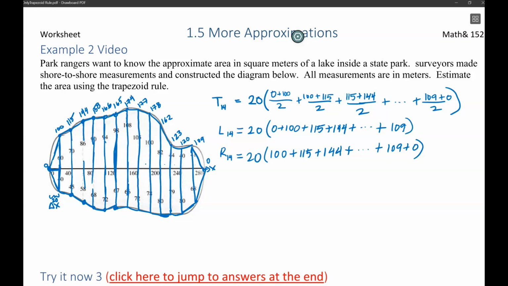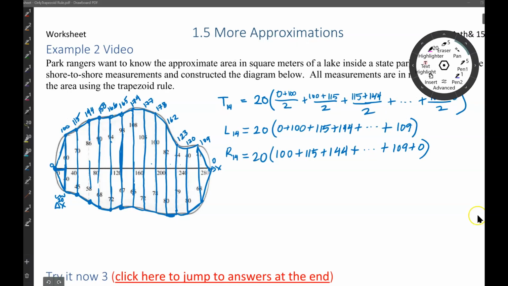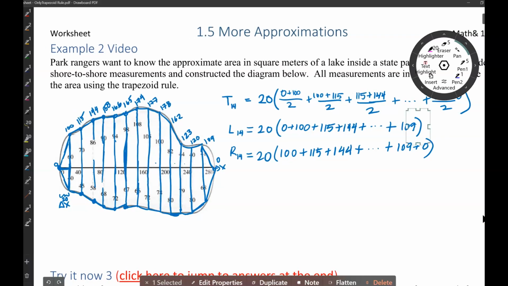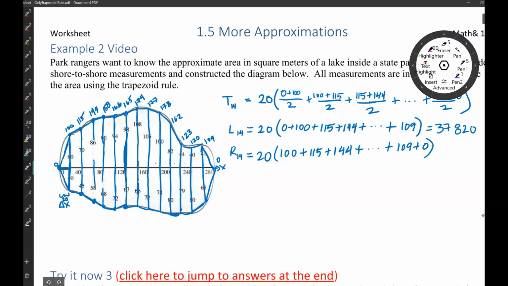So hold on, I'm going to go calculate. I'm going to pause. You can crunch it too so you can double check my calculator work. All right, through the magic of technology, you get instant calculation. So I got, oops, except my pen isn't working now. 37,820. And that's actually going to be exactly the same here. So the averaging process is not very exciting, but the idea is to get T sub 14.